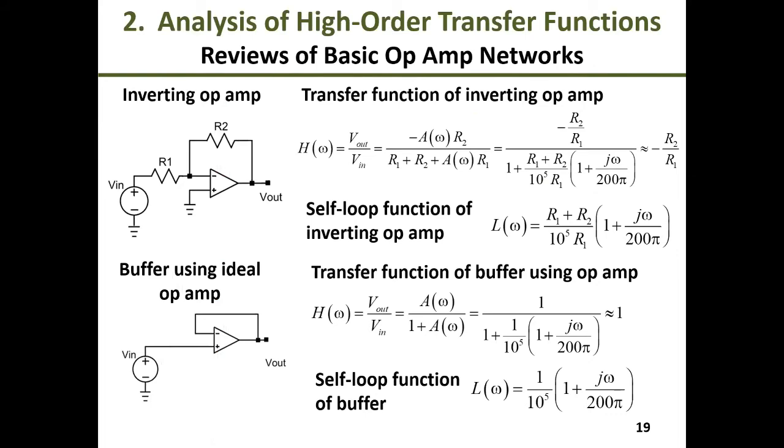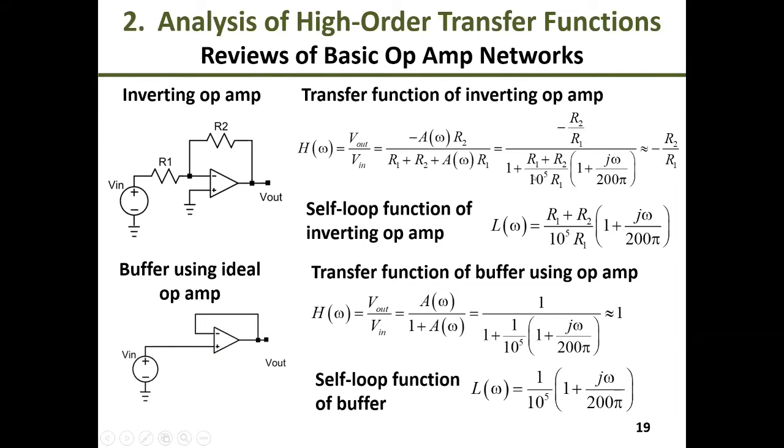Now let me review some basic op-amp networks. The op-amp can be used in the inverting op-amp connection or in the buffer connection. And in the conventional method, you can approximate the DC gain of this network by the ratio of minus I2 over I1.